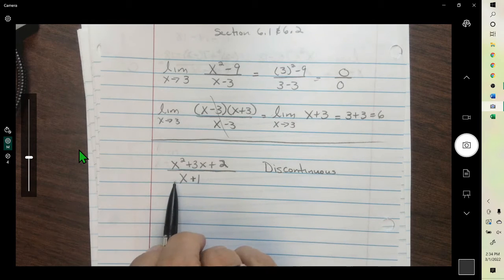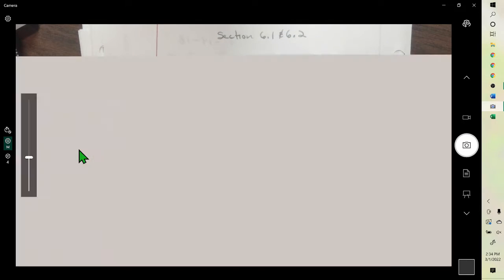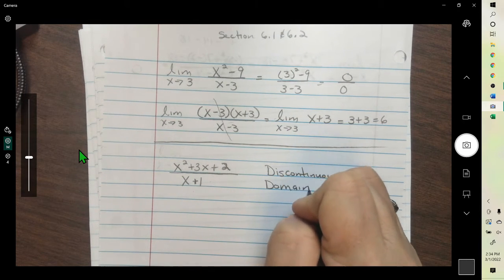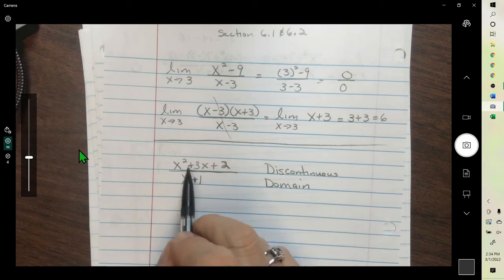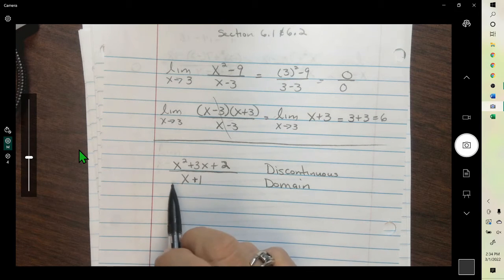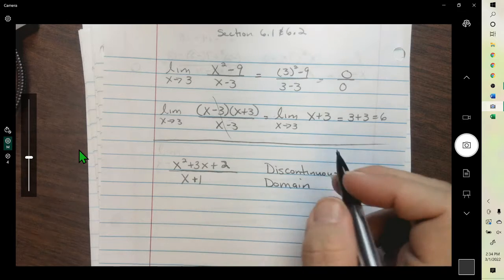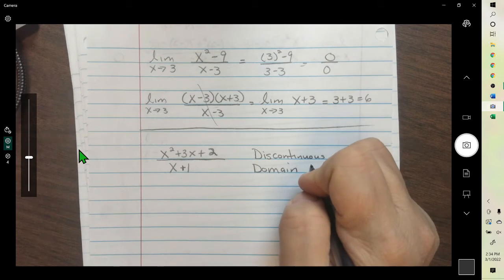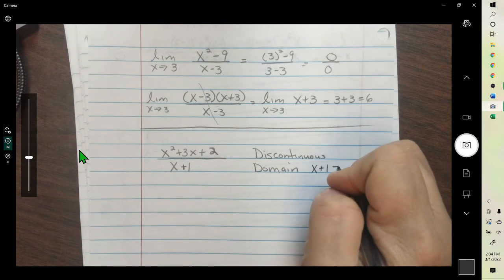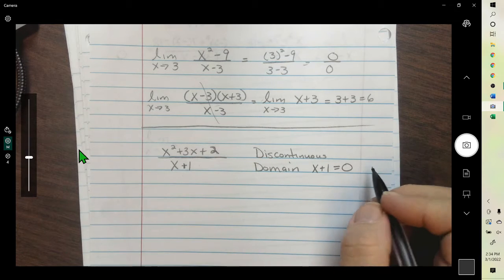Well, it's discontinuous at any values that are omitted in the domain. So the first thing you want to do is find what you need to omit from the domain. Well, when you have a fraction, anything that gives you 0 in the denominator needs to be omitted, which means x plus 1 equal to 0.